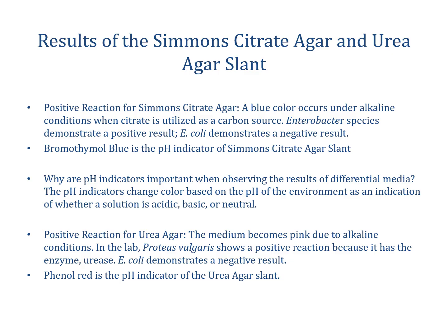The pH indicator is phenol red, and again, when urea is used, the conditions become more alkaline, changing the pH to be more basic. The pH indicator becomes pink. Proteus vulgaris is positive, so the slant becomes pink, and then E. coli is negative. The slant stays yellow.